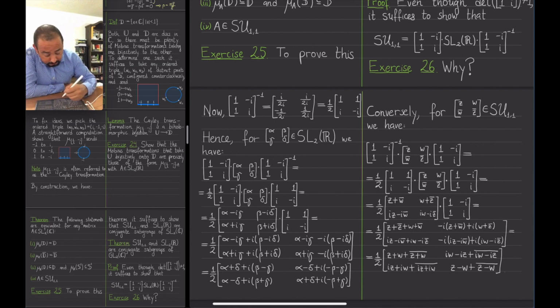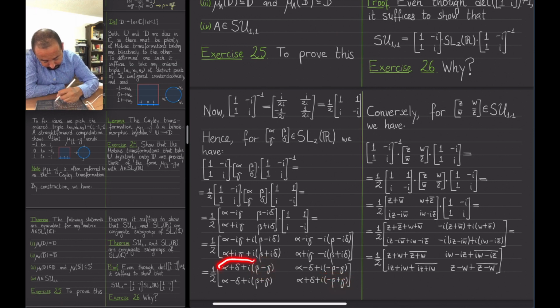Okay, and then the same thing. You do it, and after writing things conveniently, you compare this one to this one. The difference is that what accompanies i, you see this is minus this.